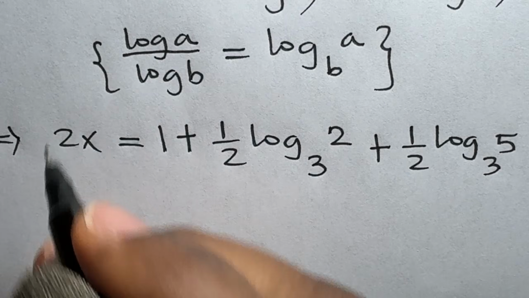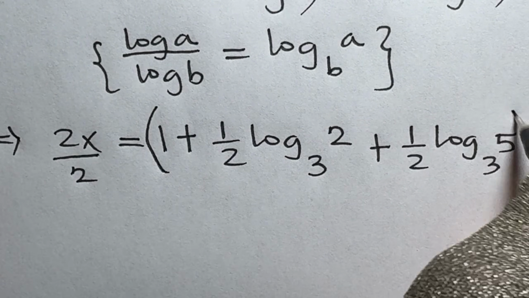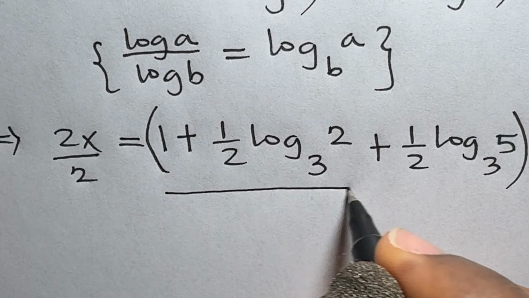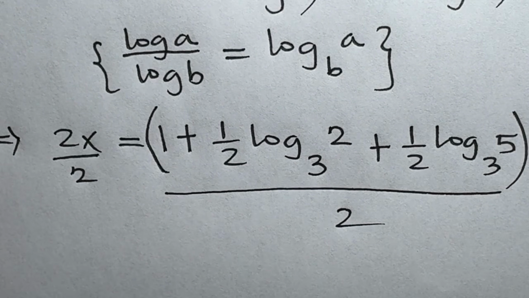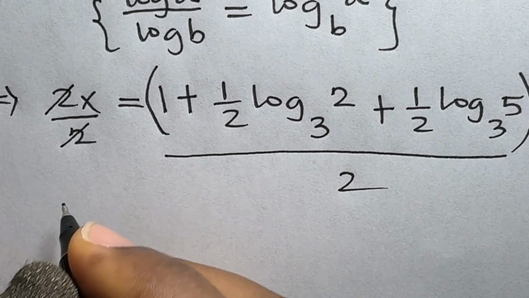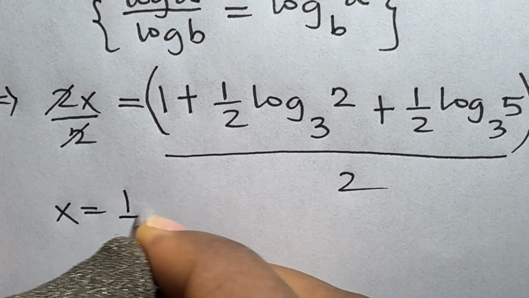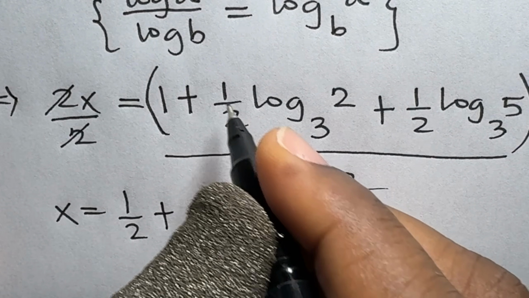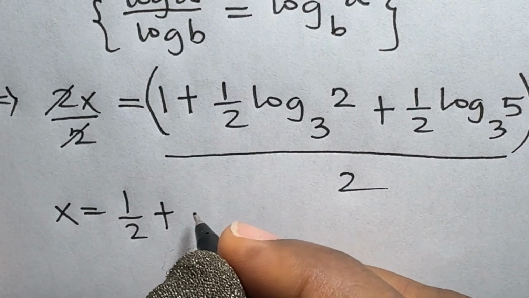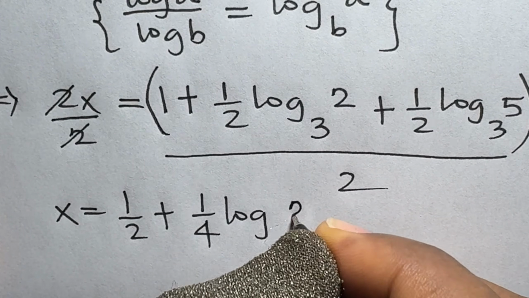And now to finally solve for x, I'm going to divide both sides by 2. So x becomes 1 divided by 2, 1 over 2. 1 over 2 log 2 base 3 divided by 2 becomes 1 over 4 log 2 base 3.